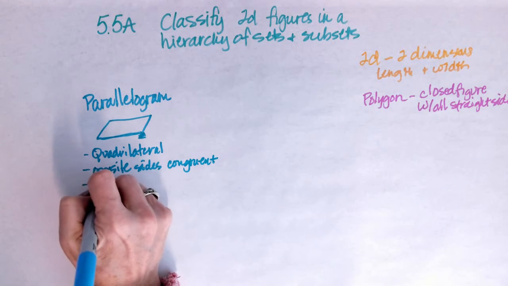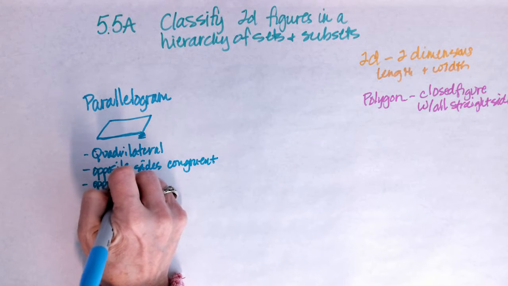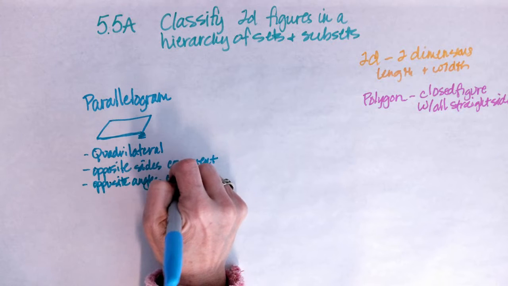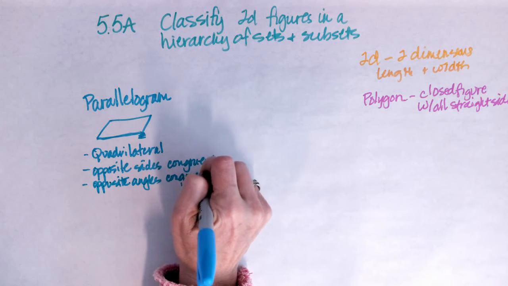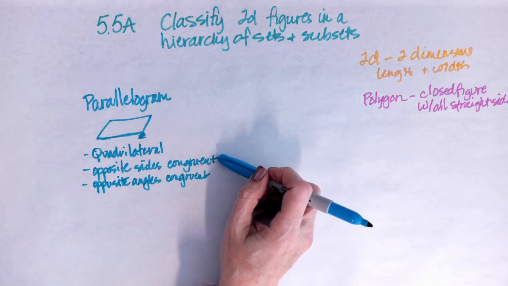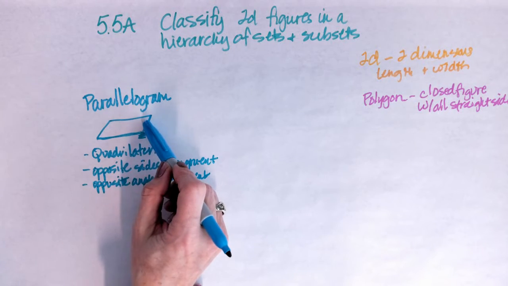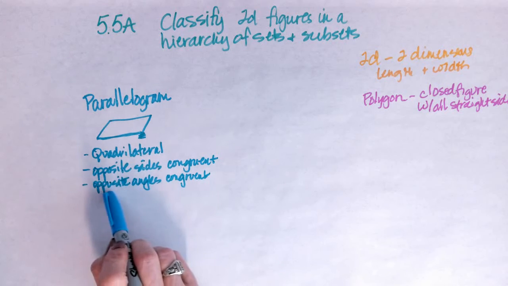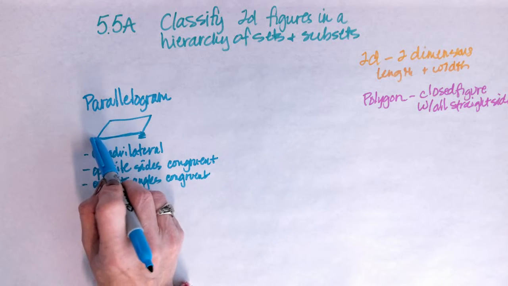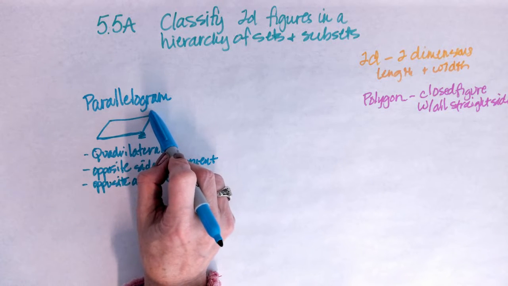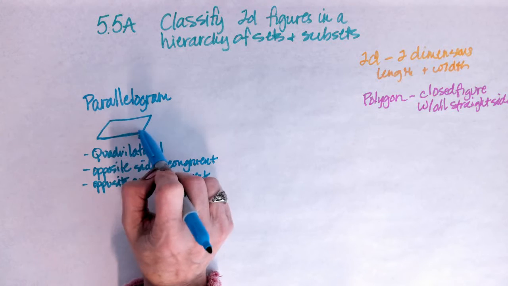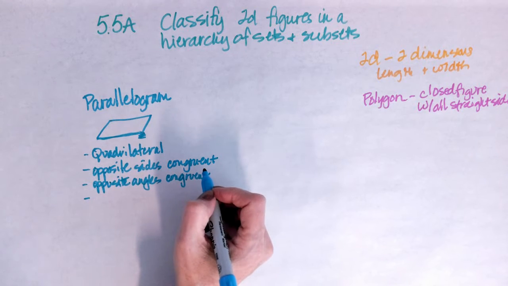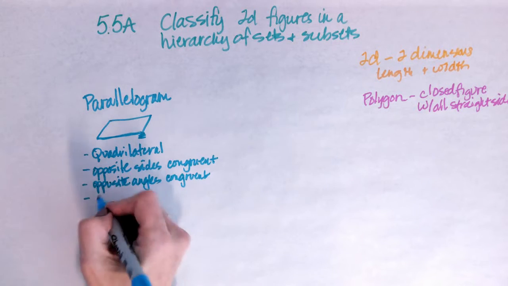We know that opposite angles are congruent. So opposite sides congruent. This side is equal to this side, equilateral. This side is equal to this side, equilateral. Opposite angles are congruent. This angle is equal to this angle, or equiangular. This angle is equal to this angle, equiangular.